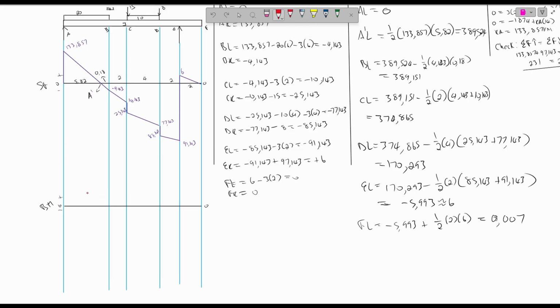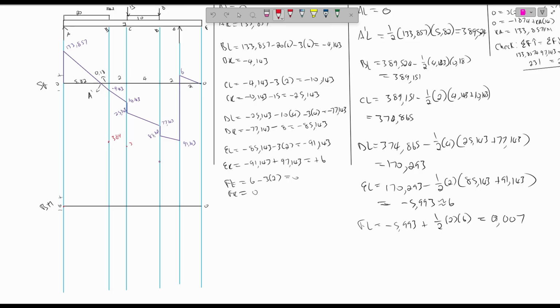So A 0, then our A prime is 389. Let's put it up here, 389.5, and then our B is 389. Let me put it almost close to it. Also 389. Our C 374.